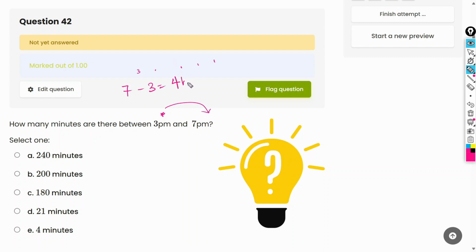So that's 4 hours. So we are looking for how many minutes are there in 4 hours. Remember that 1 hour is 60 minutes. So 4 hours will be equal to 60 minutes times 4.